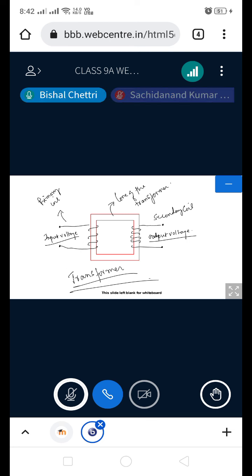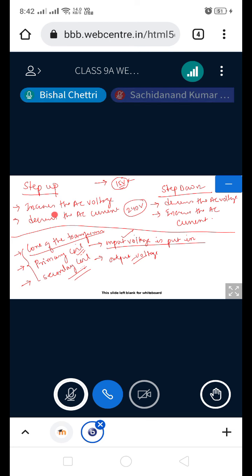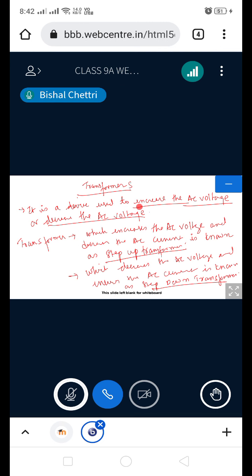Okay. Now, as I said, a transformer is a device that is used to increase the AC voltage or decrease the AC voltage. Correct? And the transformer which increases the AC voltage and decreases the AC current is known as step-up transformer. So why in the definition we have not written also that it increases or decreases the current?